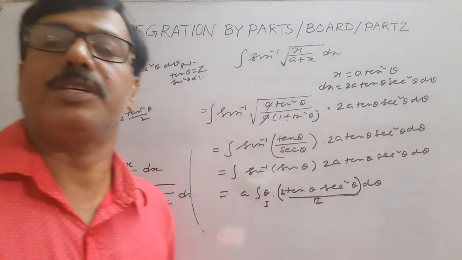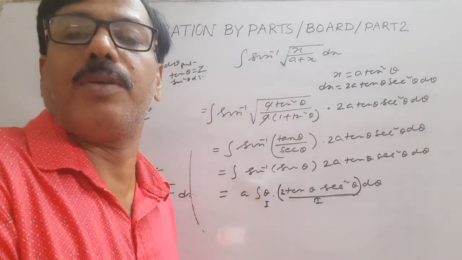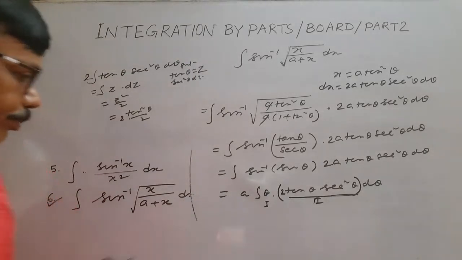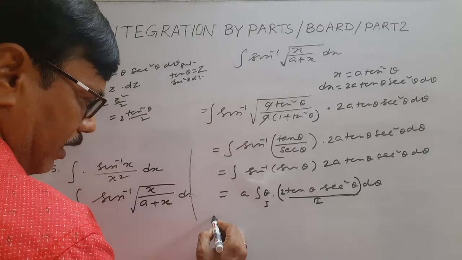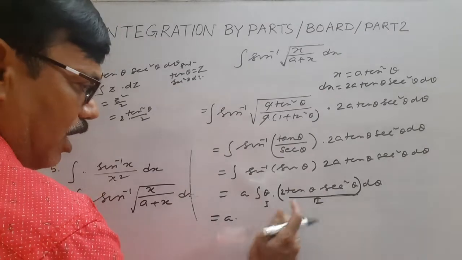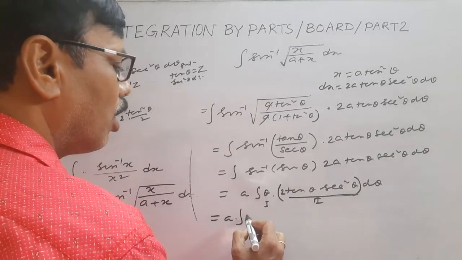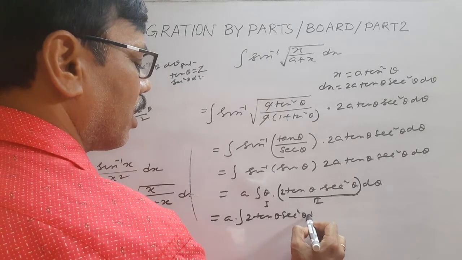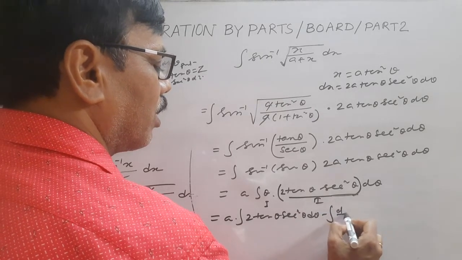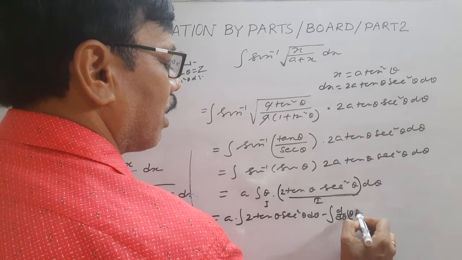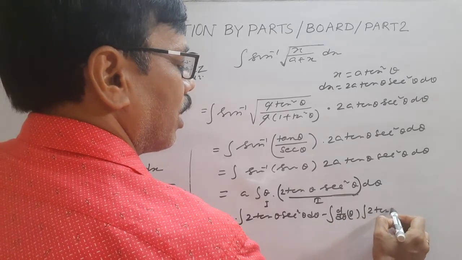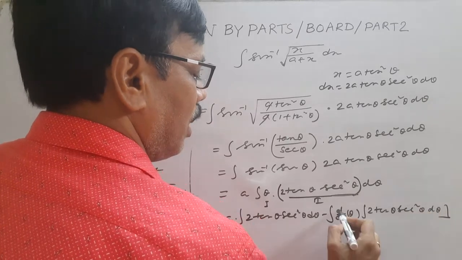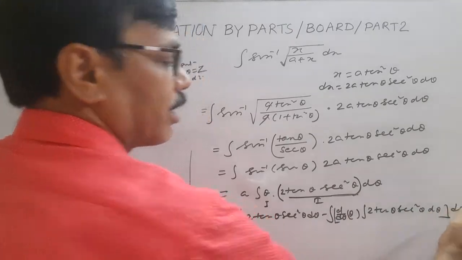So this is a typical problem. You have to recall this. Now the integration of 2 tan theta sec square theta dθ minus the derivative of theta times the integral of 2 tan theta sec square theta dθ, total bracket dθ.